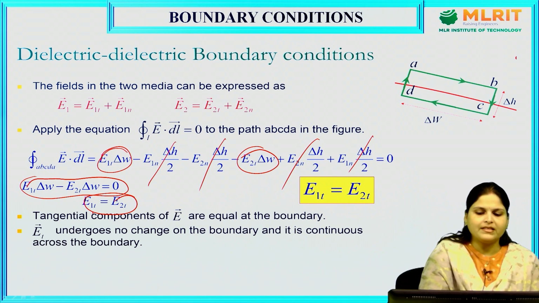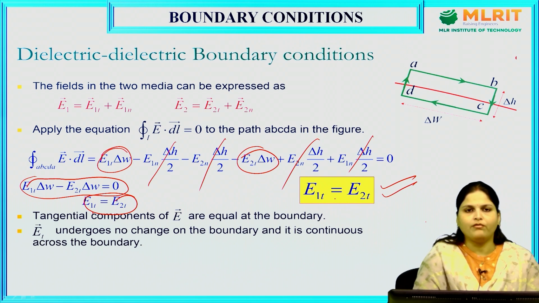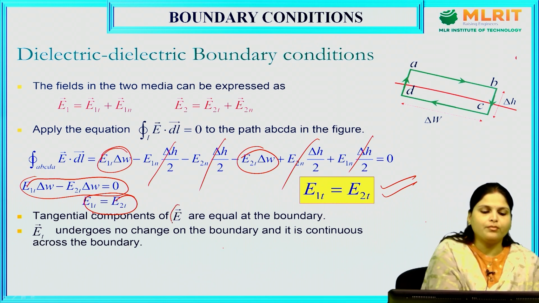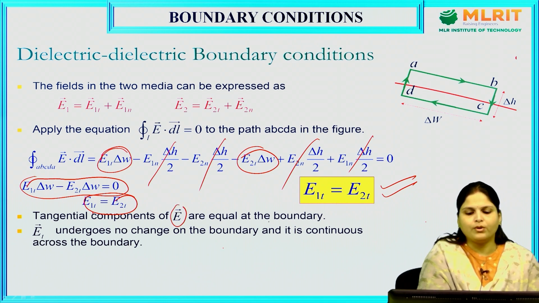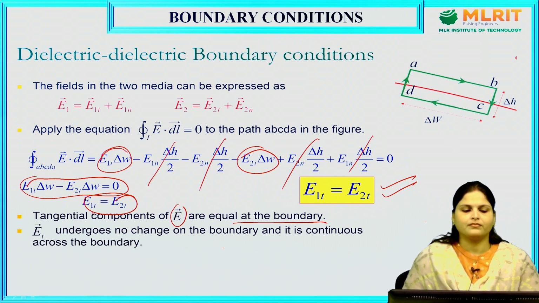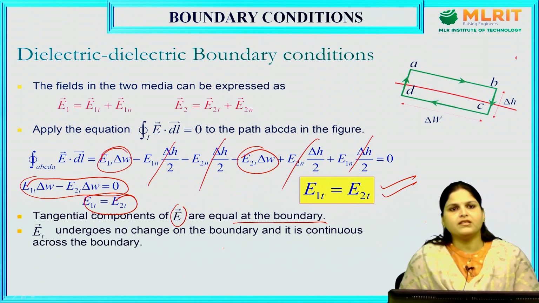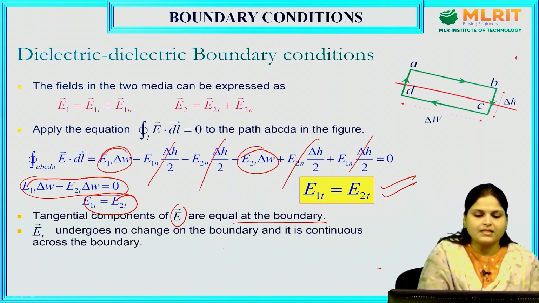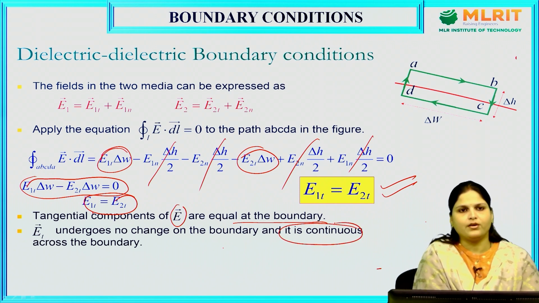We can clearly see the tangential components of both the electric fields are equal. It can be said that the tangential component of E is equal at the boundary. So these tangential components undergo no change on the boundary, and we can say it is continuous across the boundary.